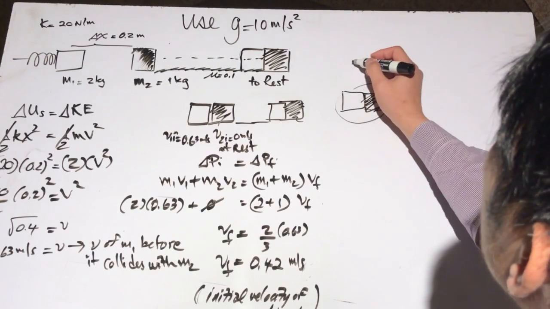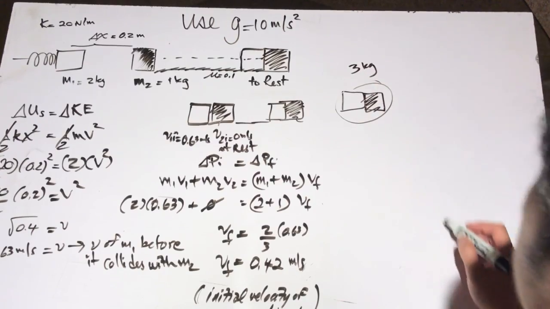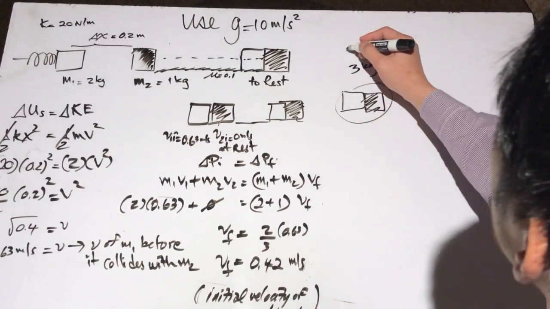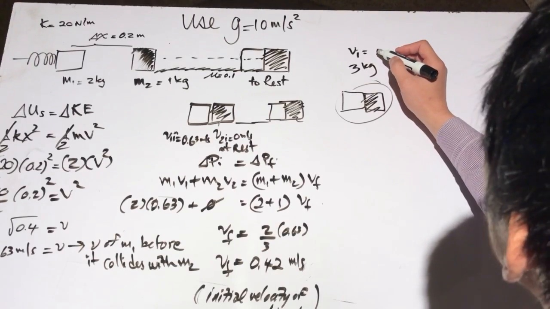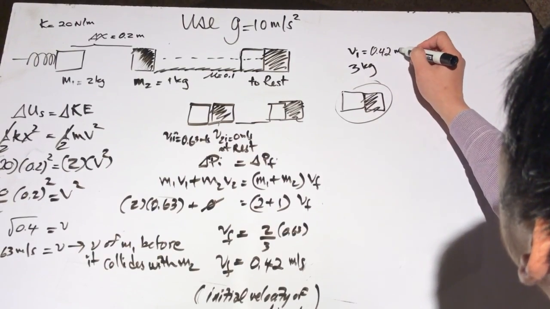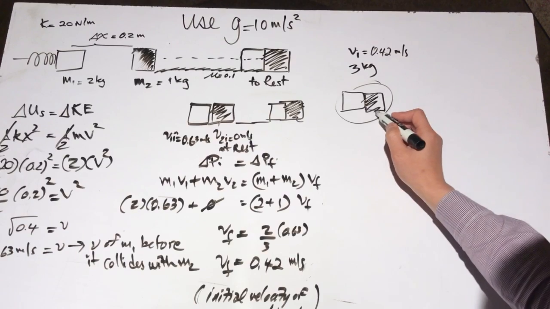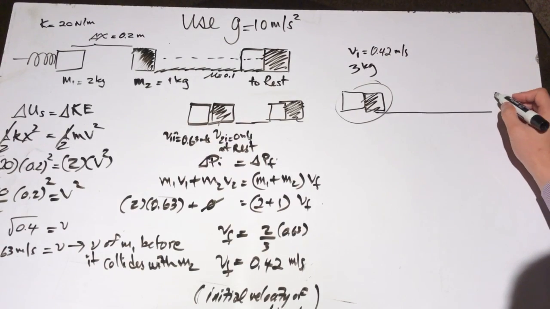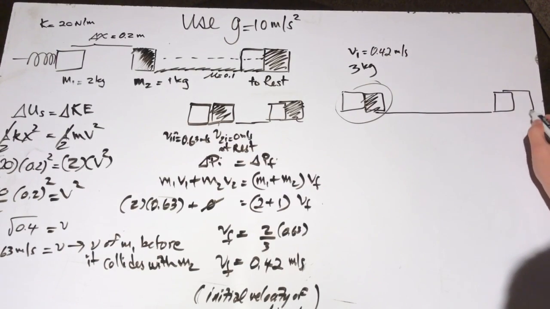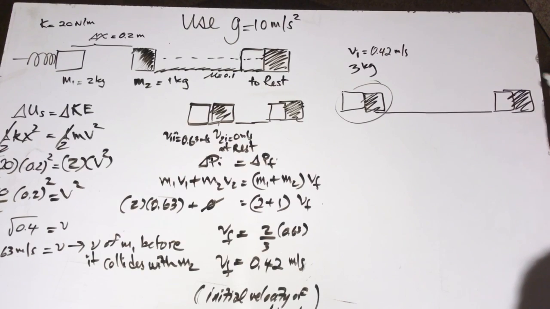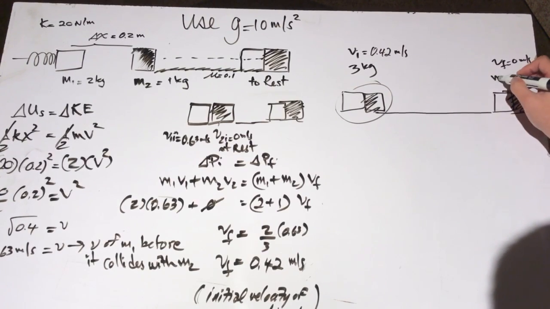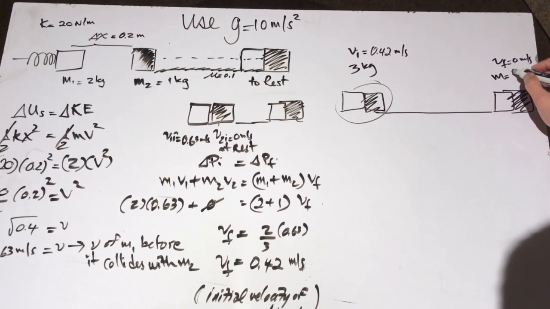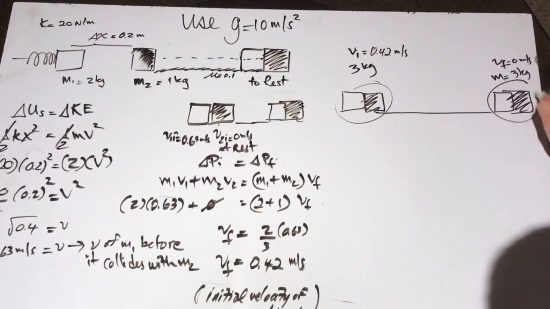The whole mass itself is actually 3 kilograms, moving at an initial velocity of 0.42 meters per second. It moves over here, and eventually comes to rest due to the friction force. The mass is still 3.